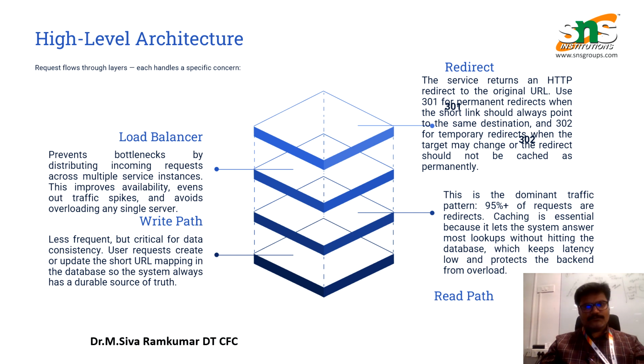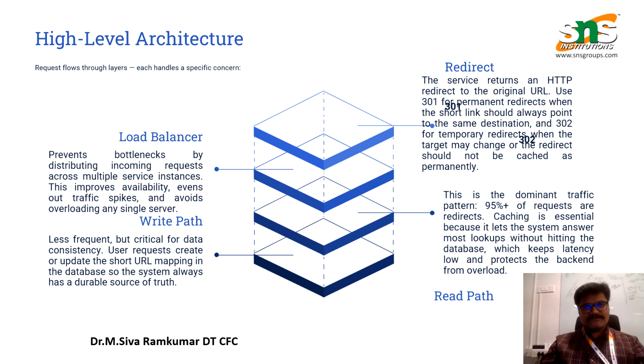Now let's understand the architecture. When a user creates a short URL, the request first reaches the load balancer, which distributes the traffic across multiple application servers. The application generates a unique short code and stores it in the database. Whenever someone clicks the short URL, the application first checks the Redis cache because redirect is the most read-heavy operation.